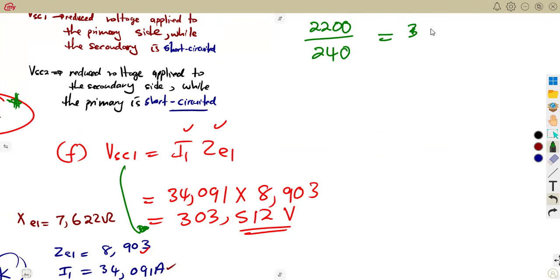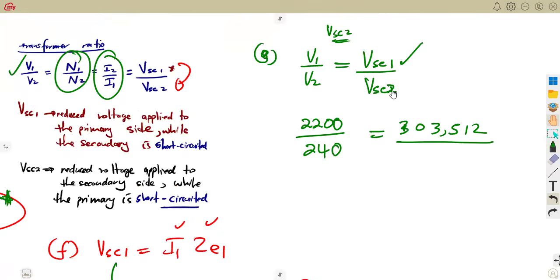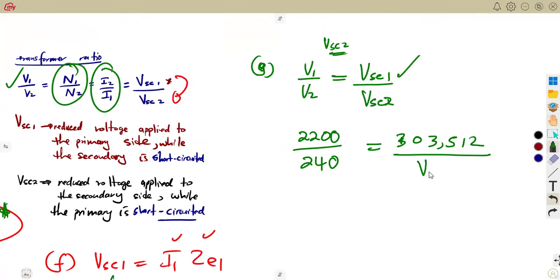So that is 303,512 over what? This is over the secondary side, of the secondary side short circuit. So that's it, guys. You can just cross multiply this and that so that you can find this, or you could have made this the subject of the formula. It's one and the same thing.